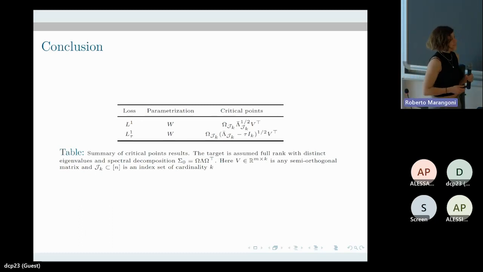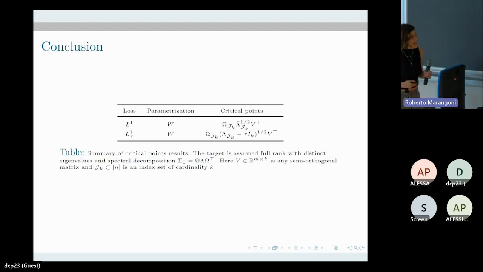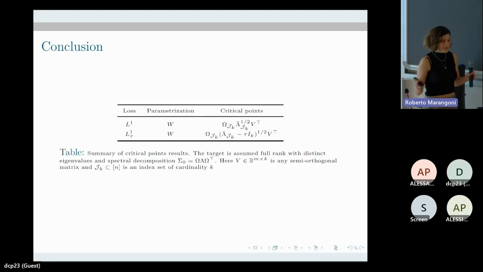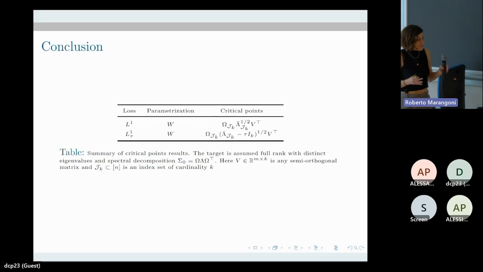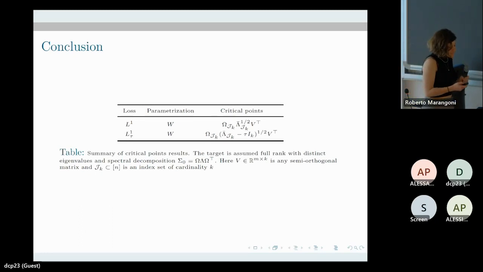The same holds for L tau 1, the shifted, perturbative loss, with the parameterization being these end-to-end matrices. When we say end-to-end matrices, we mean function space. It's just like the original ones, but shifted by tau. And tau is not arbitrary: it has to be bounded by the sigma min of the target.